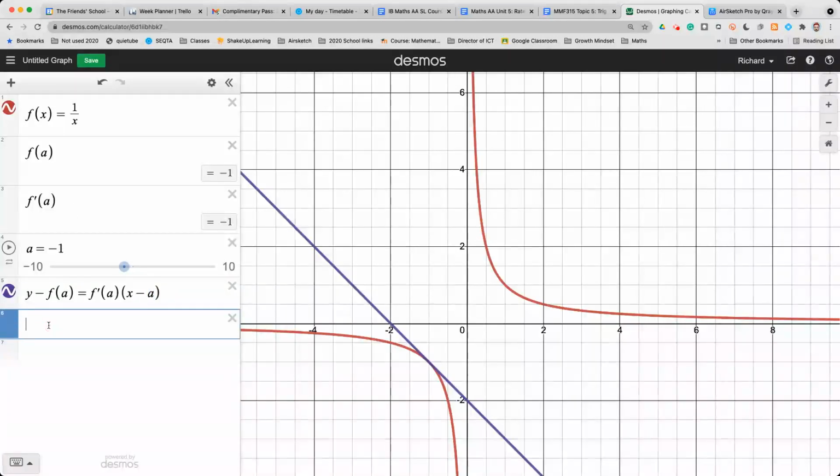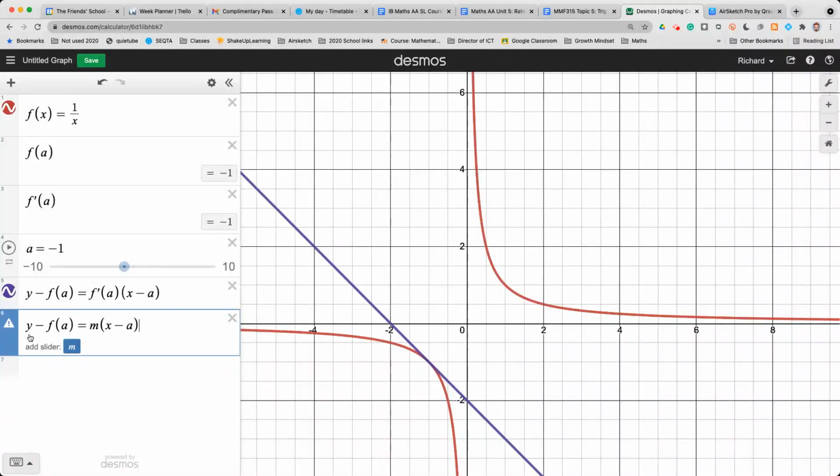Okay. Now there's a related concept called a normal. And a normal is a perpendicular line. So let's see if I can get this going quickly. It's going to be at the same point, so y minus f of a equals m times x minus a.